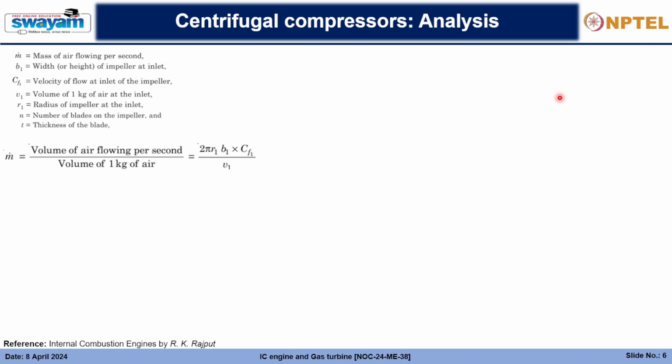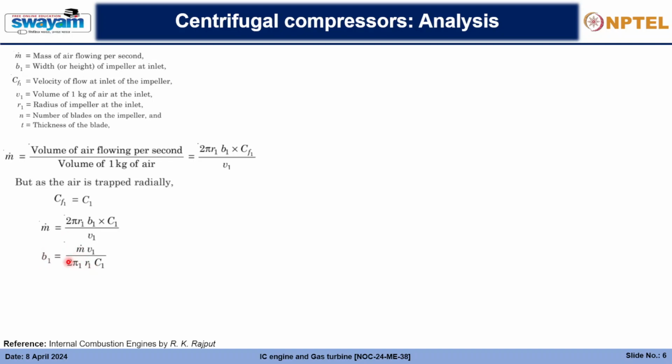That is at the inlet condition, but as the air enters radially, the flow velocity will be equal to the absolute velocity. That's why we will substitute CF1 into this equation, and finally we will have an expression for the width of the impeller at the inlet.